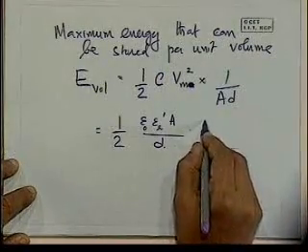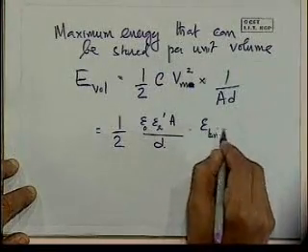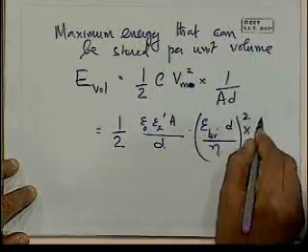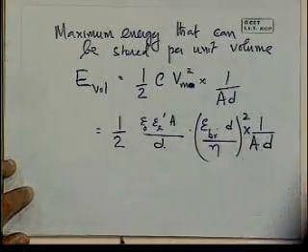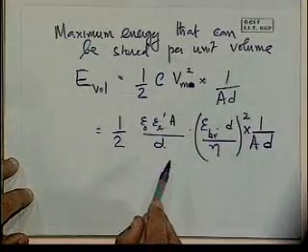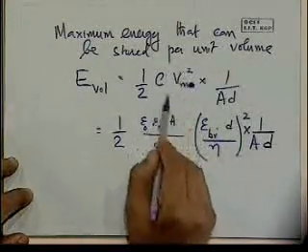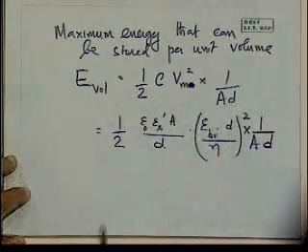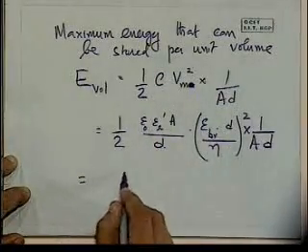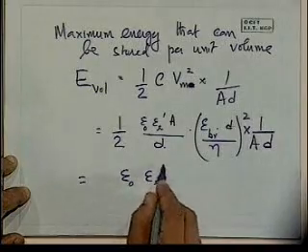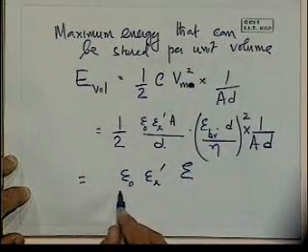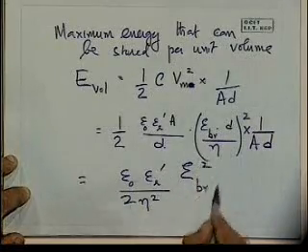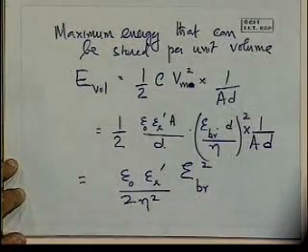So for Vm squared, we'll get the breakdown field strength times D by eta, the whole squared, times 1 by AD. Substituting for the safe operating voltage, the capacitance, and then per unit volume, this simplifies to epsilon naught, epsilon r dash by 2 eta squared, the square of the breakdown field strength.